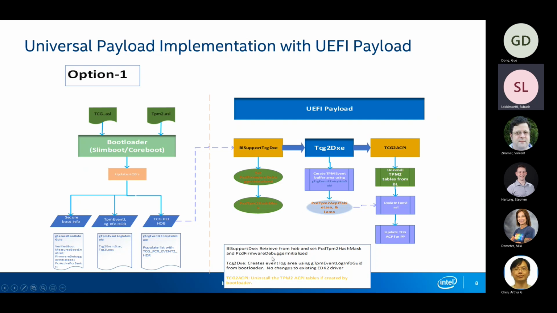As mentioned here, bootloader support retrieves some HOB information and sets the PCDs, and TCG takes it, creates the event log buffer, and installs the new TPM2 tables, adding this HOB into whatever is in the valid box. The rest of the flow is the same as per the UEFI payload spec changes.